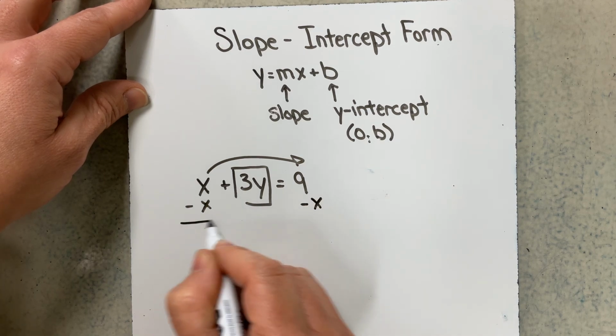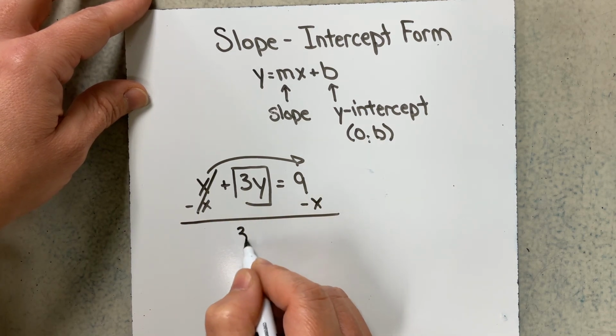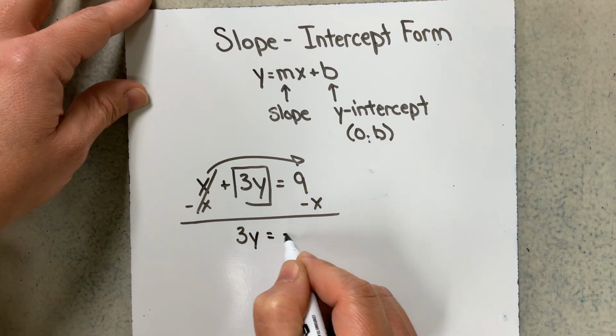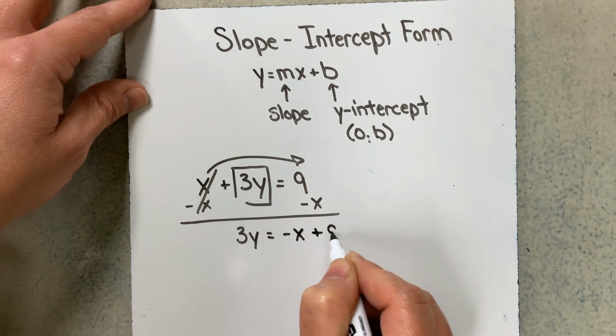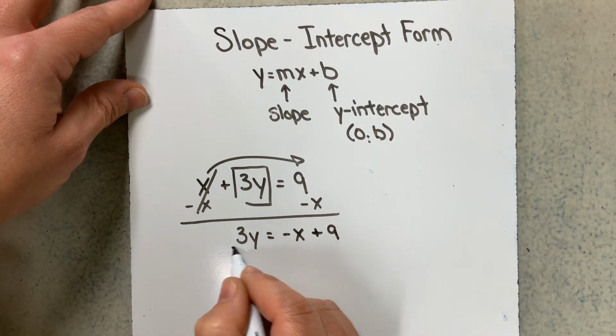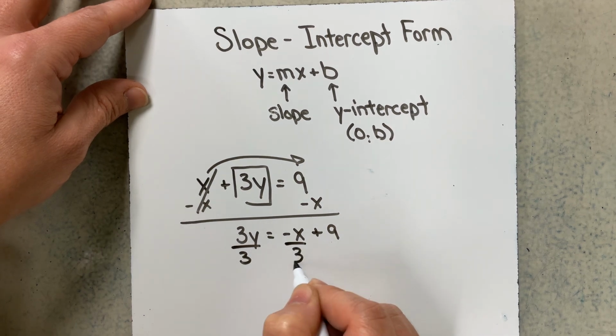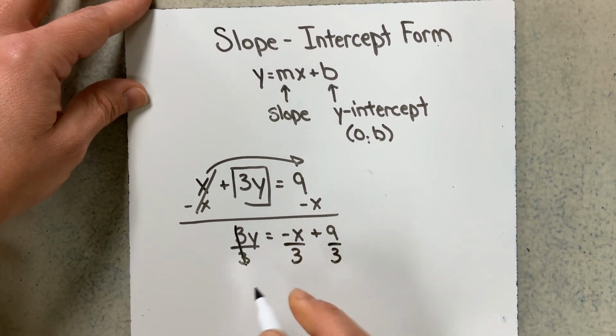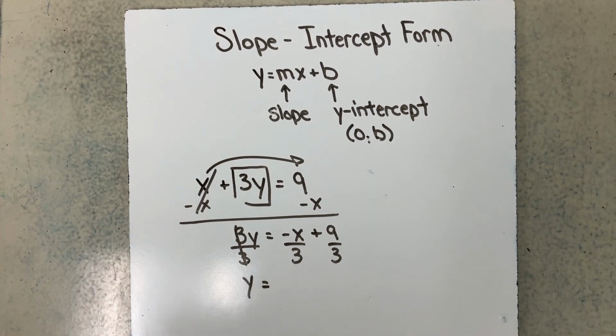Okay. When we do that, we get 3y equals negative x plus 9. We're going to divide both sides, or all pieces, by that 3. That tells me y equals. Now remember, there is a 1 in there.